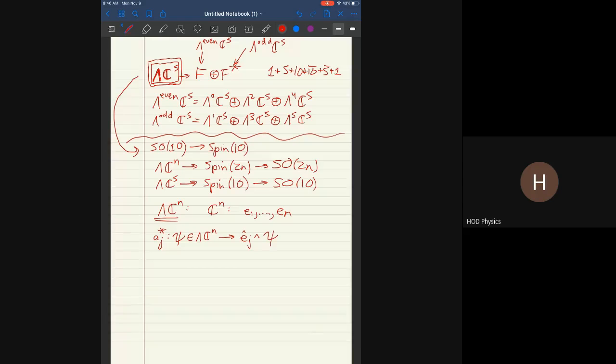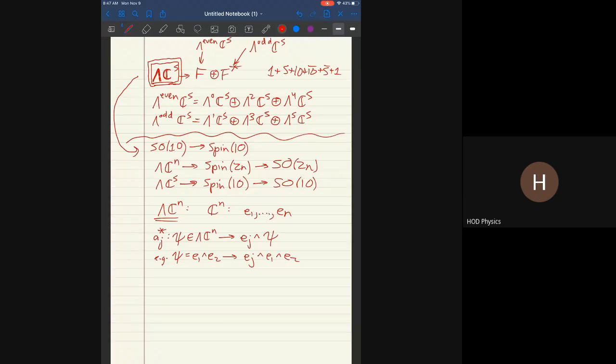Sorry, I didn't mean to put a hat; I put the wedge over E by accident. So Ej wedge psi. For example, if psi was the two-form E1 wedge E2, then Aj star would map it to the three-form Ej wedge E1 wedge E2.